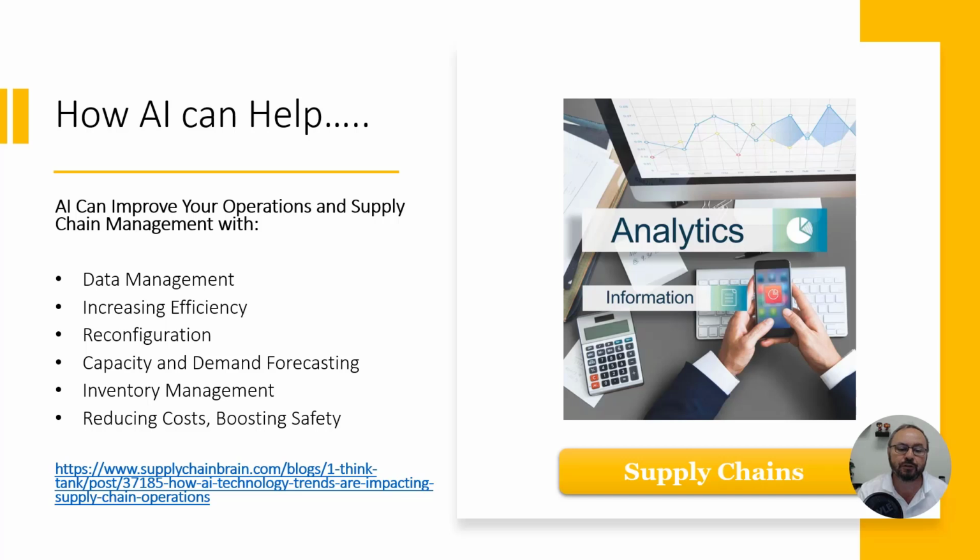So when we look at logistics, I think it's important to look at an example of how AI is being applied. Now, there's an article linked there for you on supplychainbrain.com. They go through how AI is being utilized in the industry. They provide some insight as well.